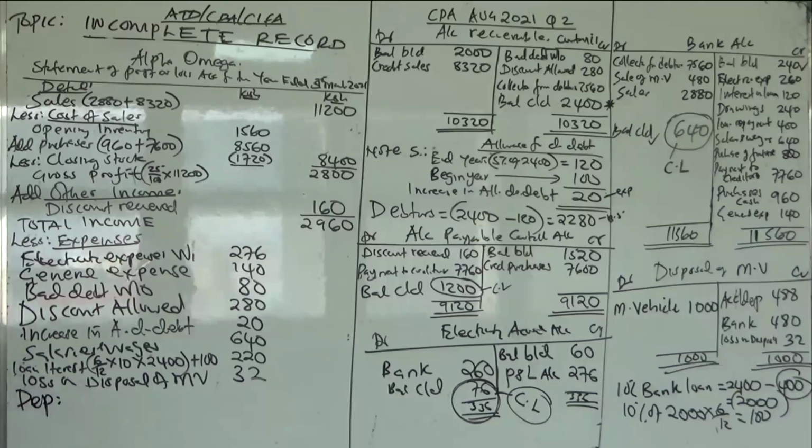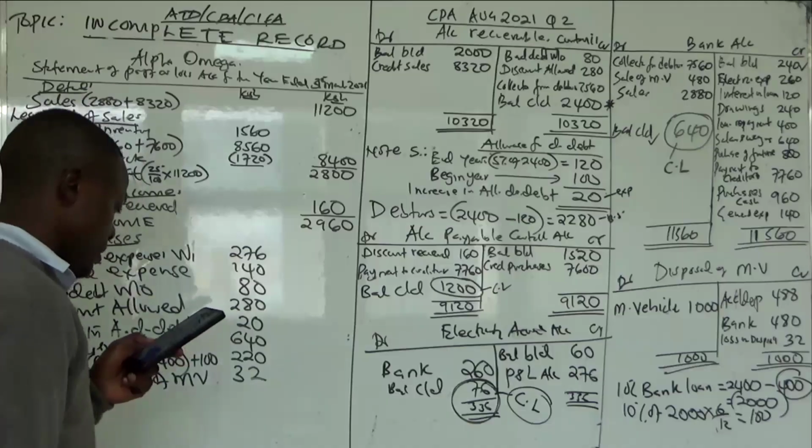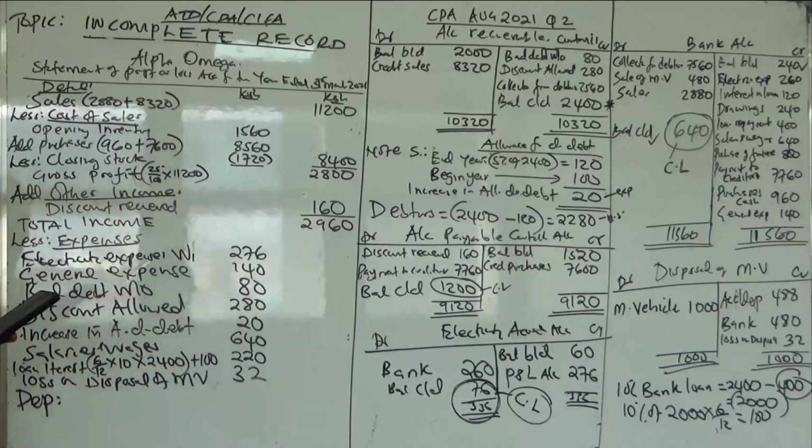Depreciation, note number 8. The business depreciates motor vehicle at the rate of 20% reducing balance. Okay, give me the amount of motor vehicle at the end of the year. What was motor vehicle at the end of the year?